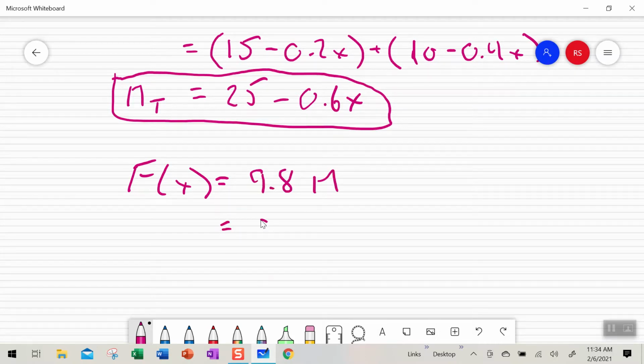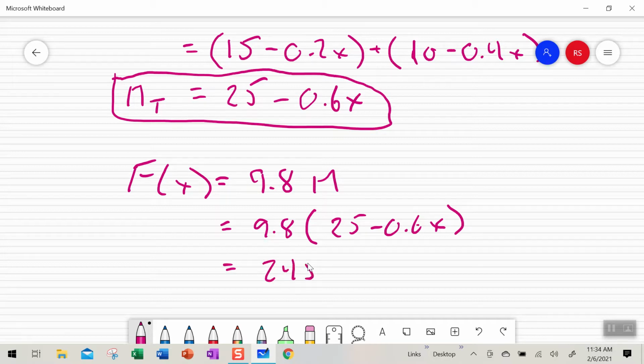So our force function is 9.8 times 25 minus 0.6x. Simplifying that, we end up with 245 minus 5.88x. There now is my force function.